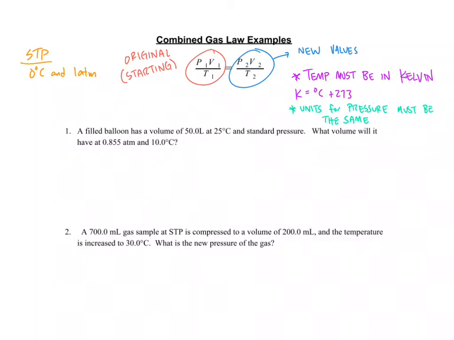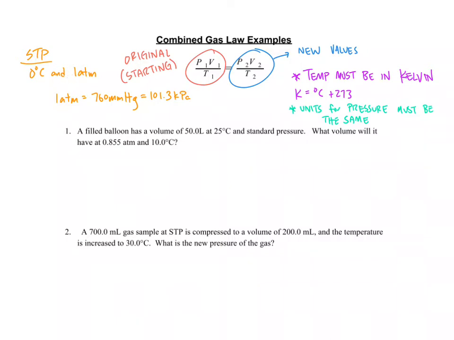Okay, so 1 atmosphere is equal to 760 millimeters of mercury, and which is equal to 101.3 kilopascals. So standard pressure is 1 atmosphere.